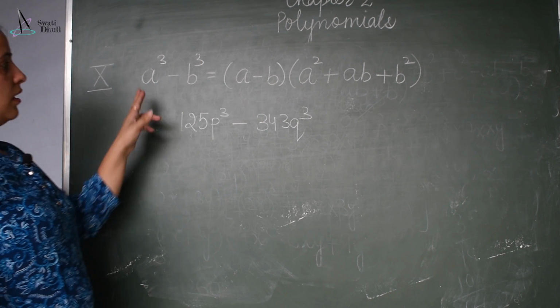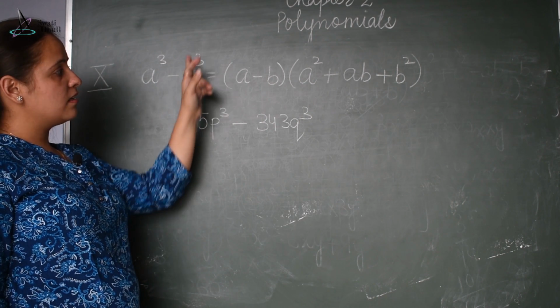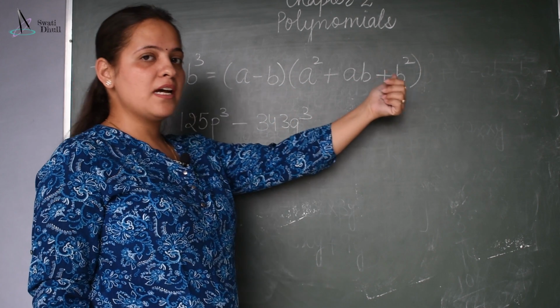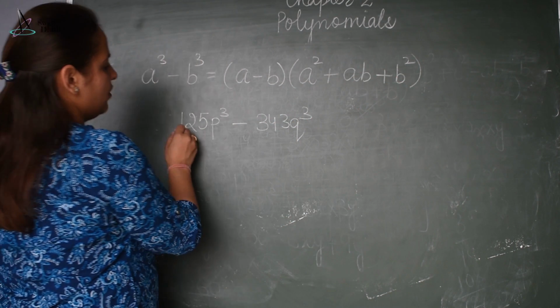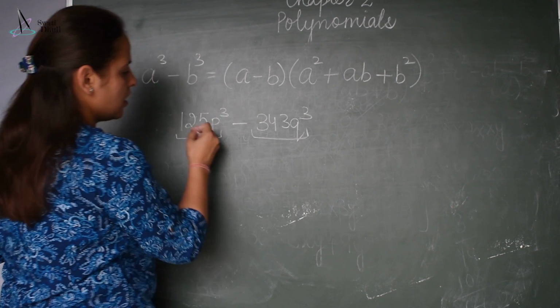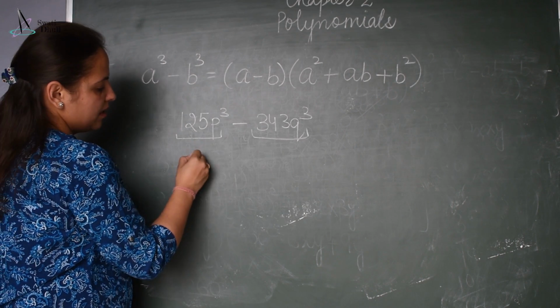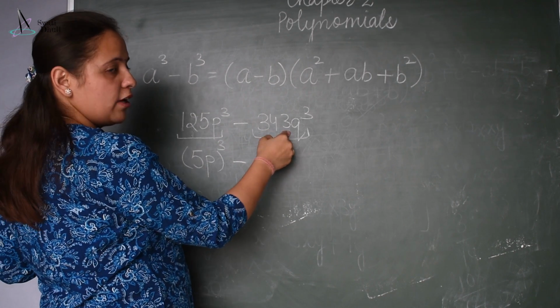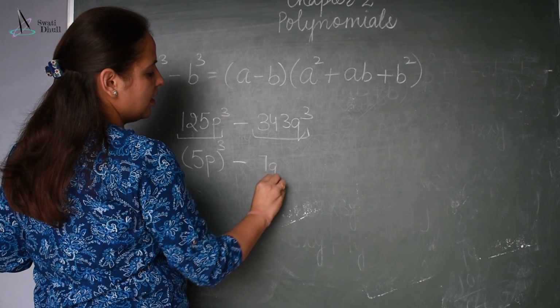Now see here, a whole cube minus b whole cube, that is a minus b into a square plus ab plus b square. Now see here, we have to make it a whole cube first. So 125 can be written as 5 cube, so 5p whole cube minus 343 is 7 cube, so 7q whole cube.